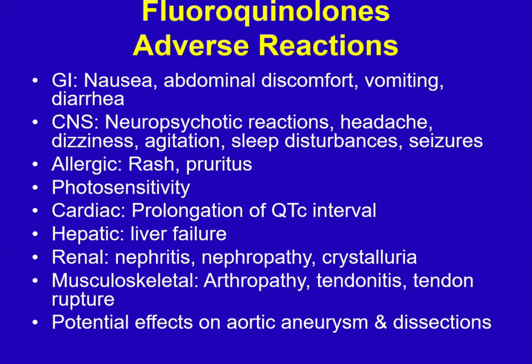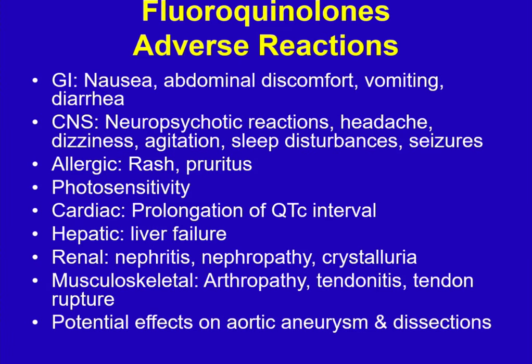These are more things that we started to think about. QT prolongation is associated with quinolones. It's also associated with other agents that we use. Liver failure is less common, but it has been reported. And then nephropathy, nephritis is rare, but has been reported. The bigger things that have been reported that are more common are these arthropathies, the Achilles tendonitis, and then the potential effects, and I say potential, on aneurysms and dissections.